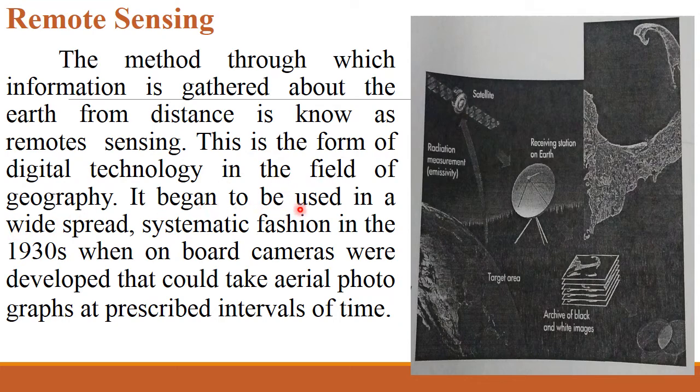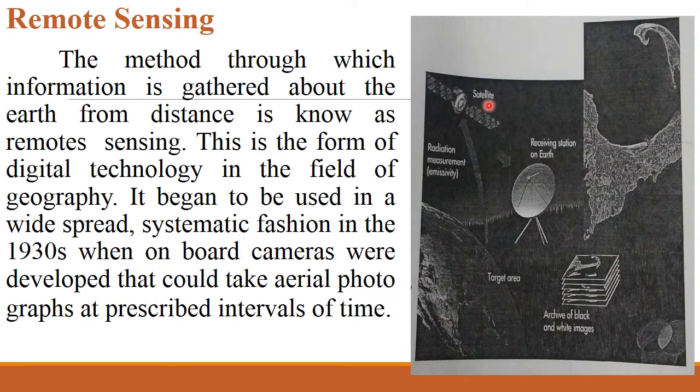It began to be used in a widespread systematic fashion in the 1930s, when on-board cameras were developed that could take aerial photographs at prescribed intervals of time. We can say that the cameras fitted here get information about these areas at time intervals.